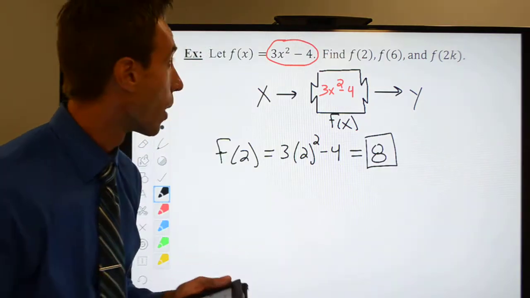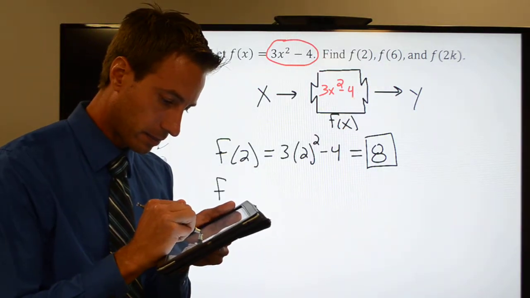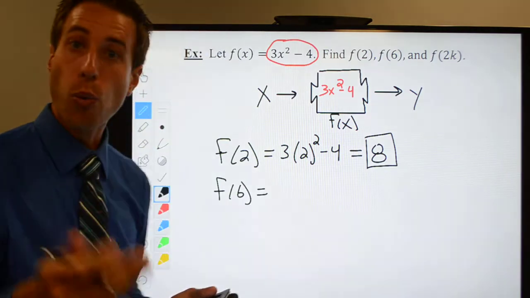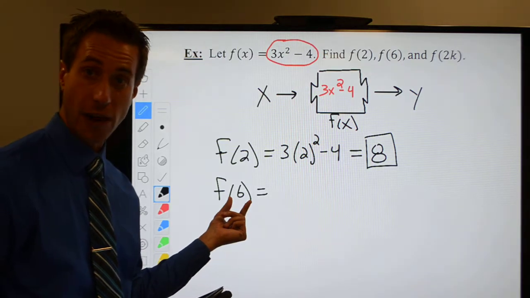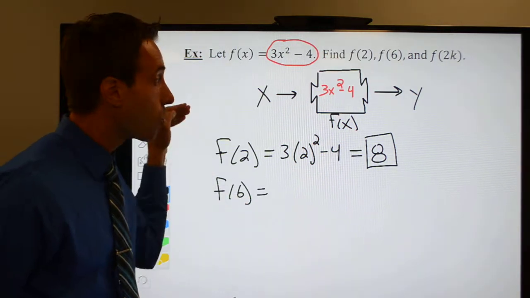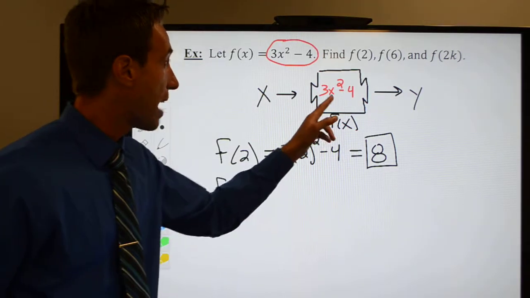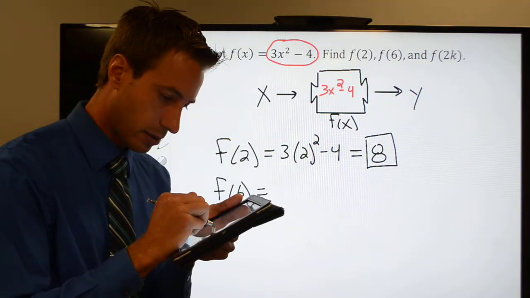Let's try another one. They ask you to do f of 6. Well, 6 is the value that they've given you for x, and that is what they want you to put into the function machine. So everywhere there's an x, you're going to put a 6.